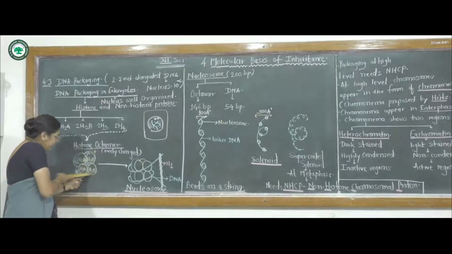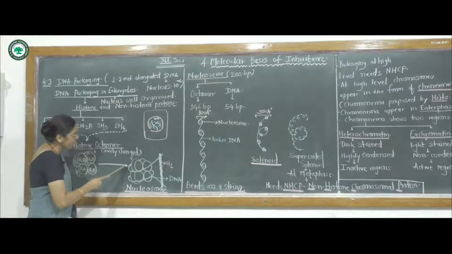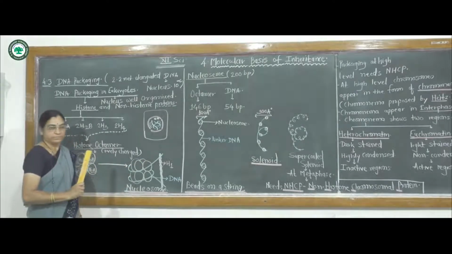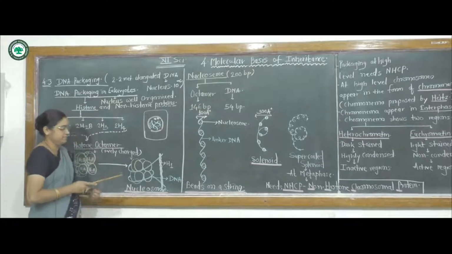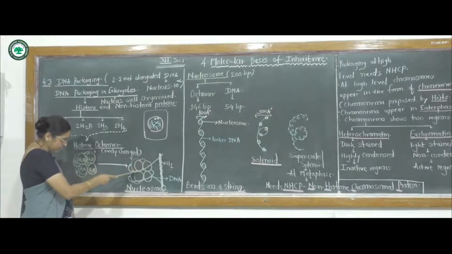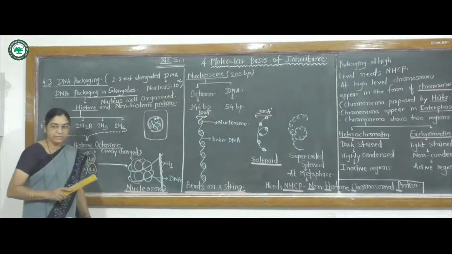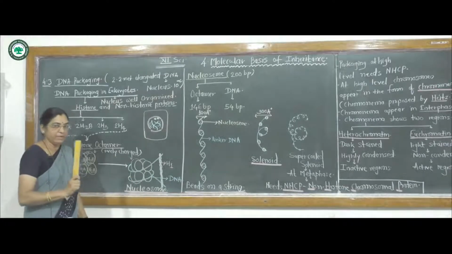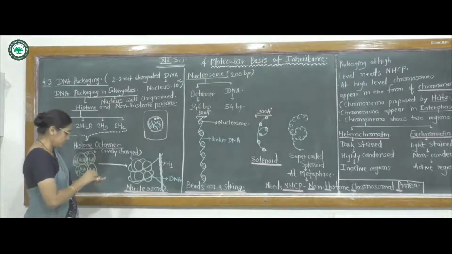Then around the octamer, the DNA strand gets wrapped. The DNA strand gets coiled around the octamer, with one complete turn and another 3/4 turn.